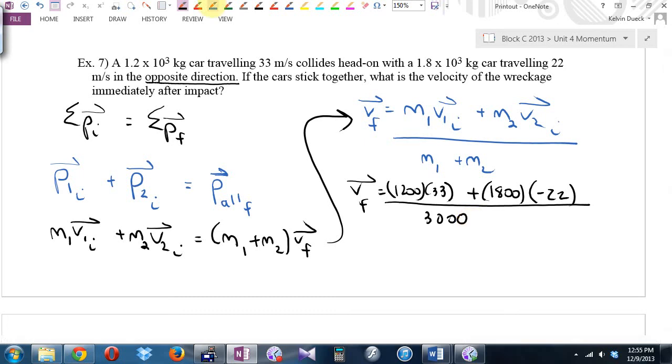By the way, if I get a negative answer, it means the collision looked like this. If I get a positive answer, it means the collision looked like this. The positive one won the collision. Or do you get 0?